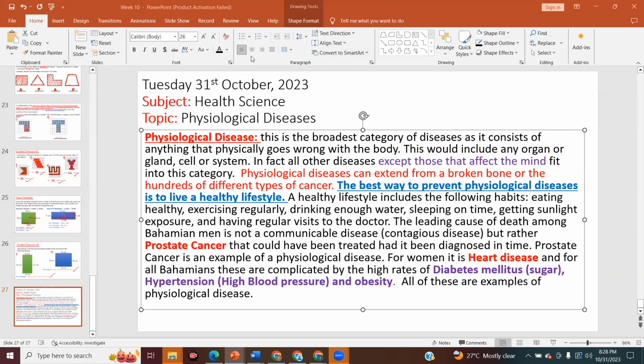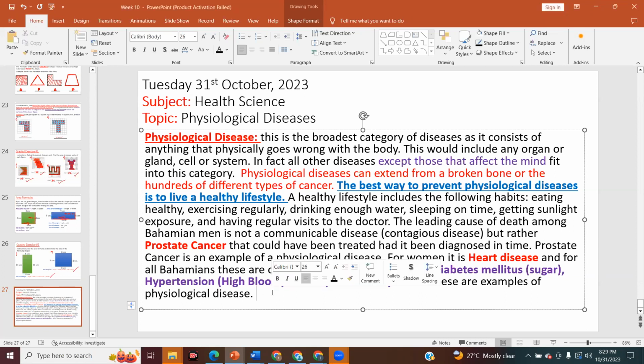I know diabetes. You know someone with diabetes? All right. Probably all of us have at least seen a person with at least one of these: heart disease, diabetes, hypertension, obesity, or prostate cancer. It's all over in the Bahamas, especially in the Bahamas. We have that problem.